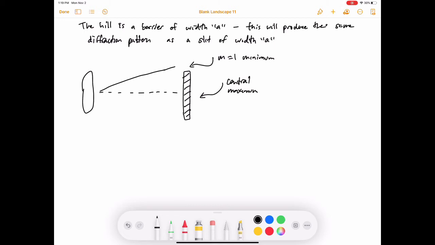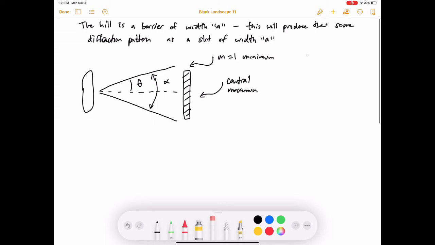Okay, so the angle that takes us from the center line to the m equals 1 minimum, we'll call that theta. But then the whole angle that takes us from one side of the central max to the other, we'll call that alpha. Now, alpha is just equal to 2 times theta, and this is the width of the central max.